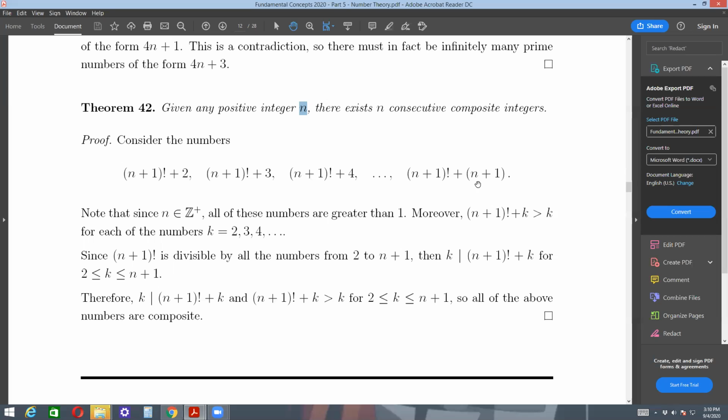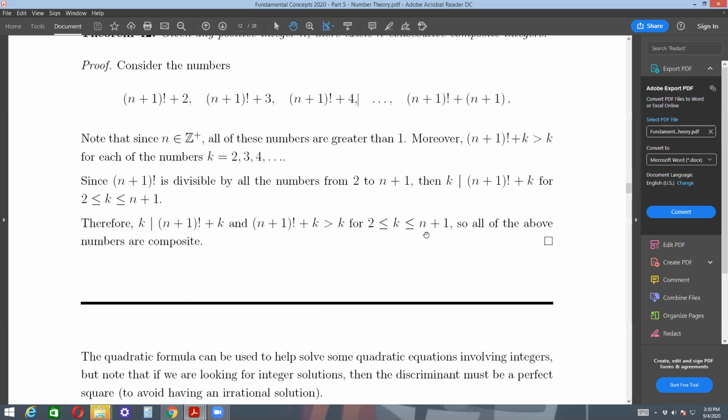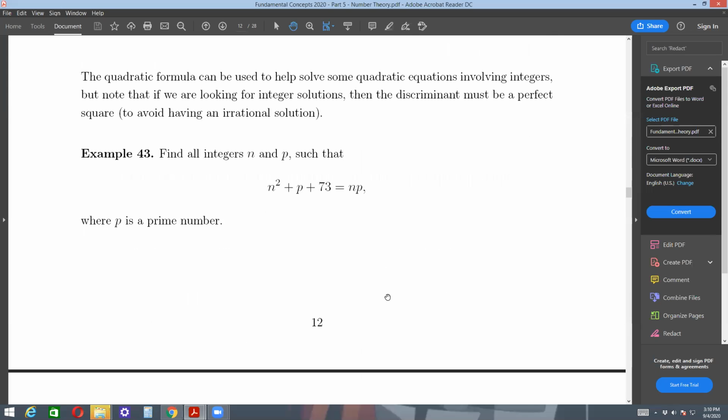This thing stops depending on the value of n. If n was 2, then you would only consider these 2. If n was 3, you would consider these 3. If n was 4, then you keep going until you stop with n plus 1. There's an actual proof for this. You all could go through that in detail.